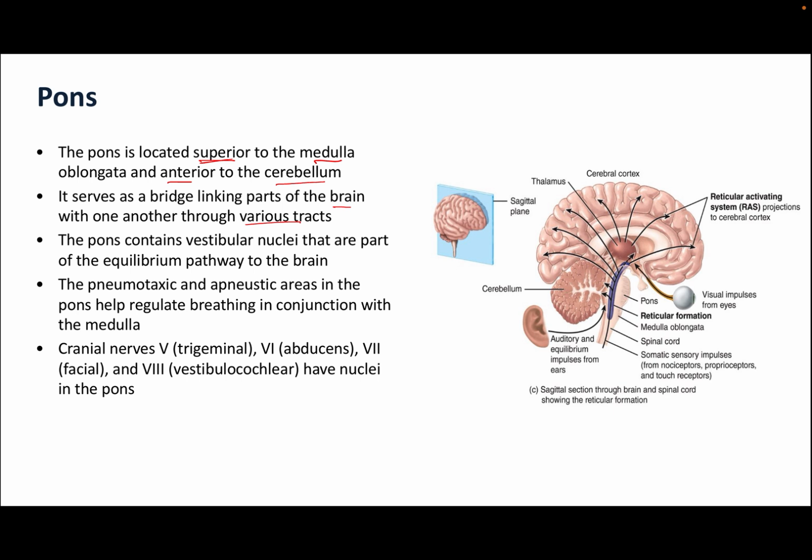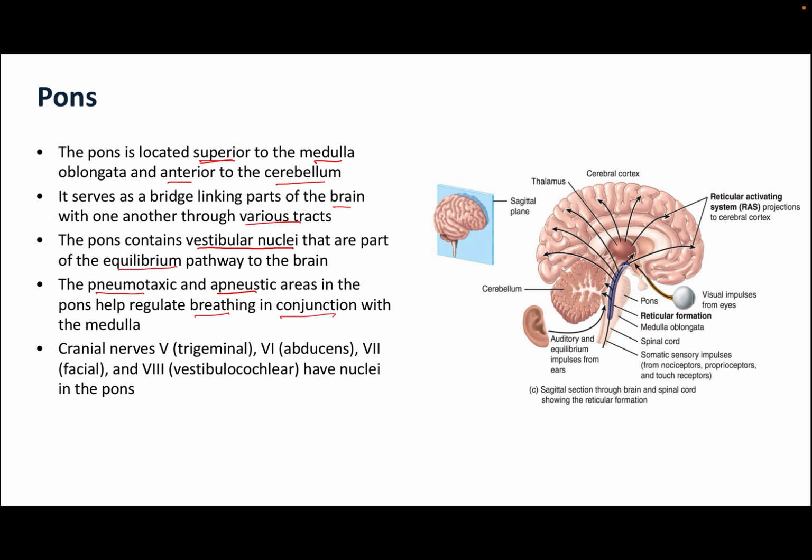Now the pons is going to contain the vestibular nuclei, and these are going to play a role in the pathways for equilibrium that we have, that information moving to the brain. This is also going to contain centers for pneumotaxic and apneustic areas of the pons, and these are going to be responsible for helping to regulate breathing.